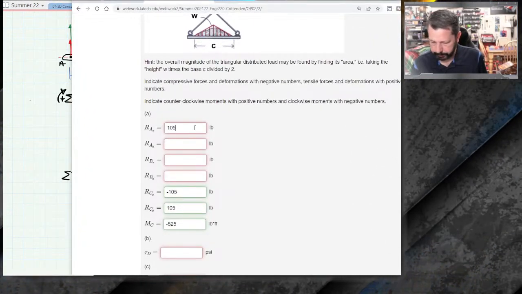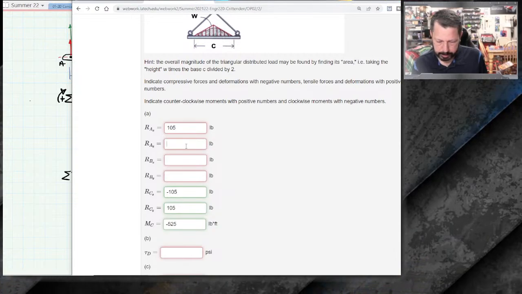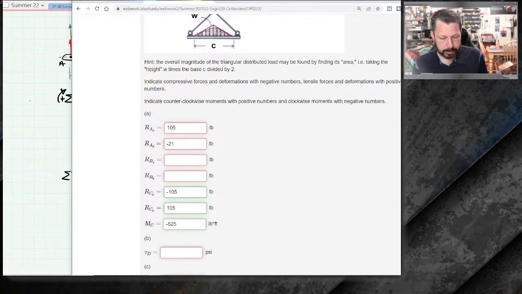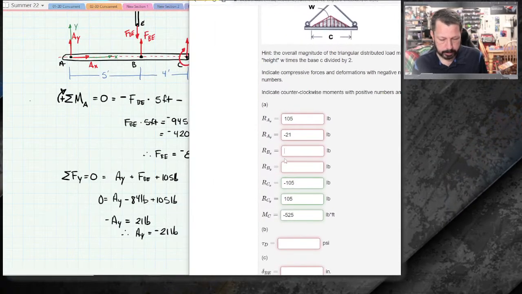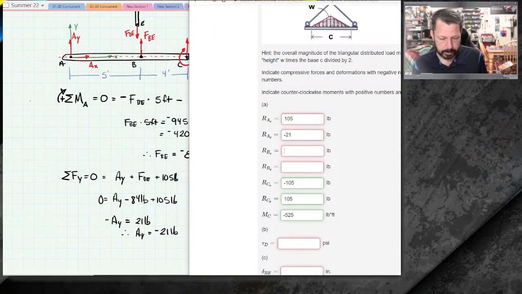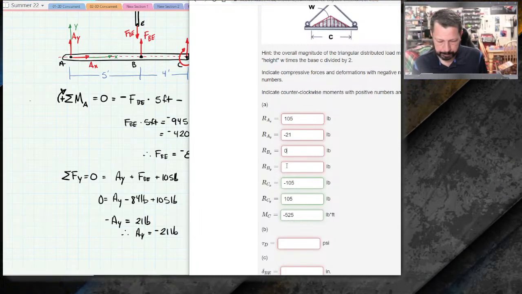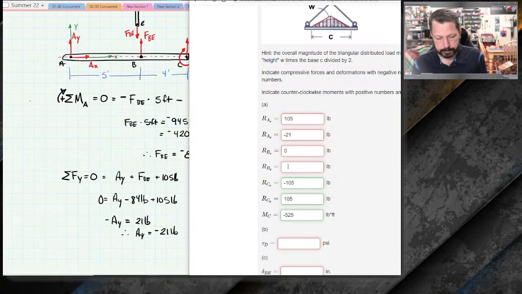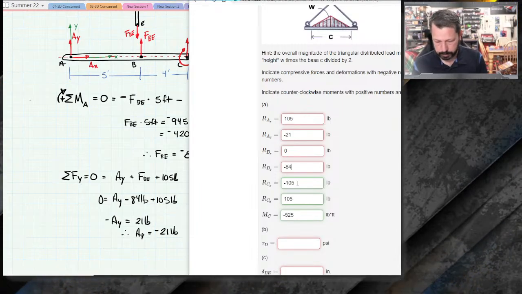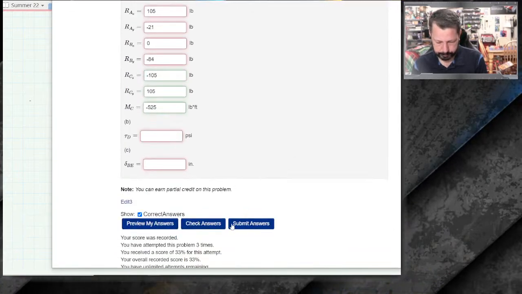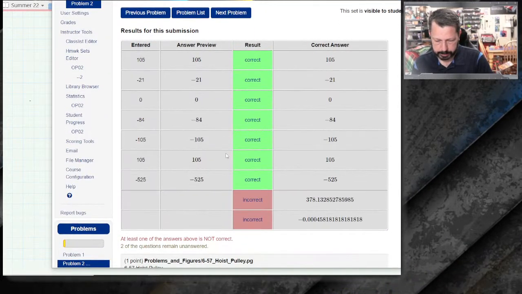So we'll give it 105. AY, I think it's going to be the negative 21. BX is labeled as BX and BY, but we know that B is just a Y, so BX is actually 0. Y is that compressive force, negative 84. And let's see if we got those right. Look at that, all that green.